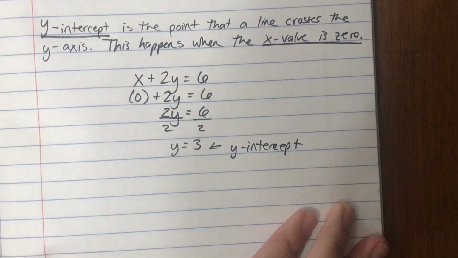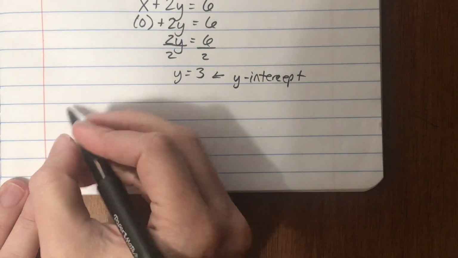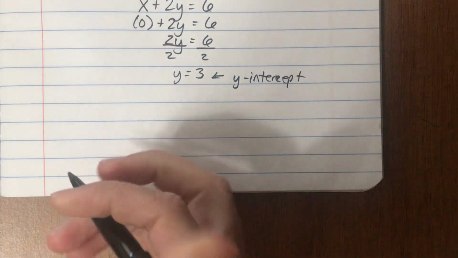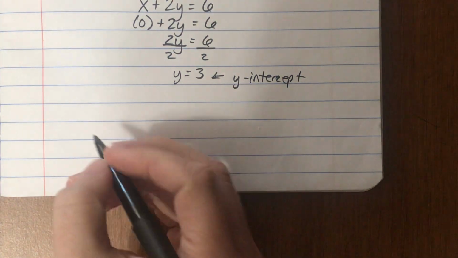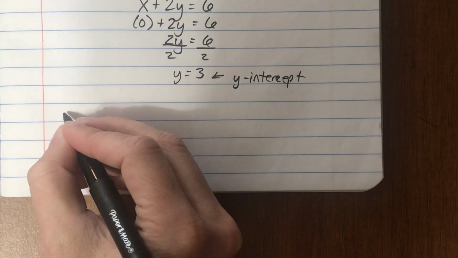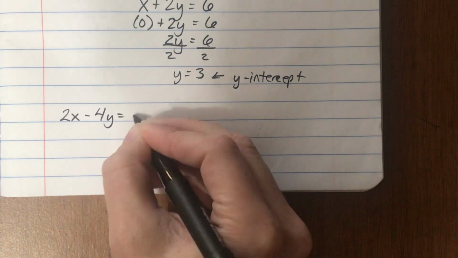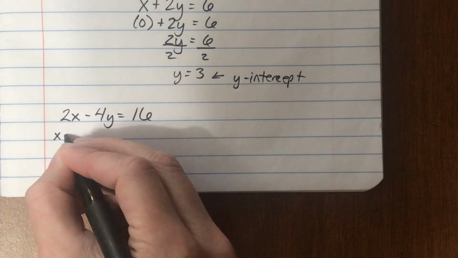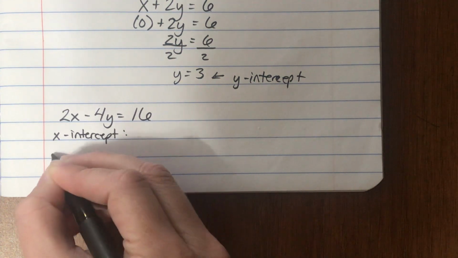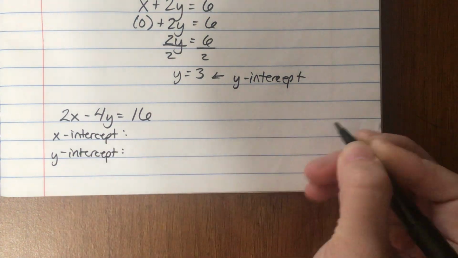So just at the very end of this notes page, I'm going to give you a couple of equations, and we're going to attempt to find the x and y intercepts. So the first one I want you to try is 2x minus 4y is equal to 16, and I want to know what is the x-intercept and what is the y-intercept of this equation.